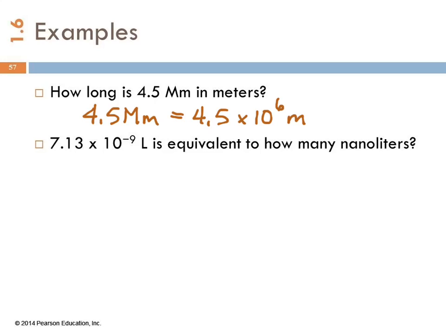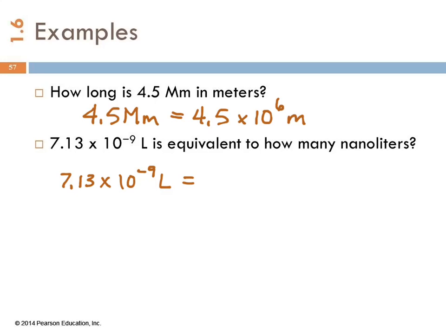7.13 times 10 to the minus 9 liters would be how many nanoliters? Well, 7.13 times 10 to the minus 9 liters. What does nano mean? 10 to the minus 9. Nano kind of sounds like 9, doesn't it? Nano is 10 to the minus 9.